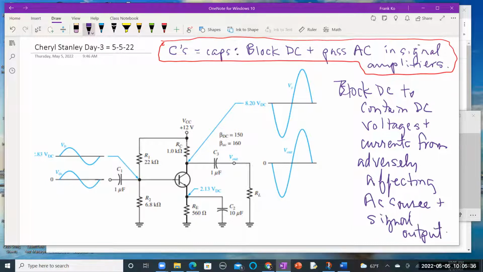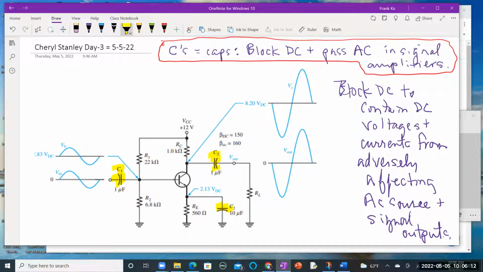I'm sorry my writing is so scribbly, but I'm writing with this little pen on a slippery screen. I'm writing the best I can, but you'll get a recording of this so you can review it at your leisure. So it blocks DC to contain the DC voltages and currents from adversely affecting the AC signal source and signal outputs. So let's highlight where those are. They happen to be here. Here's C1, and here is C3, and here is C2.